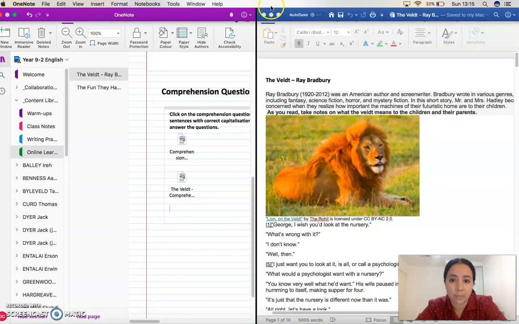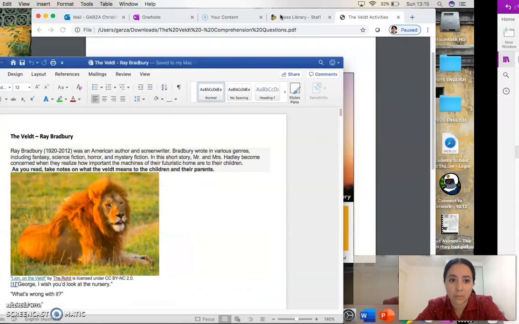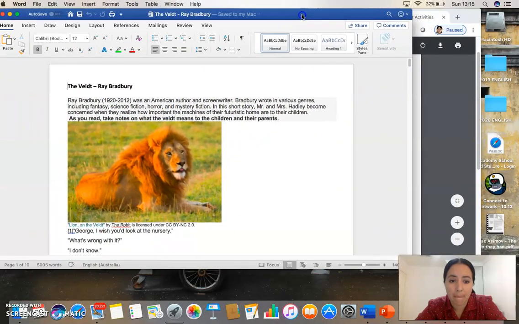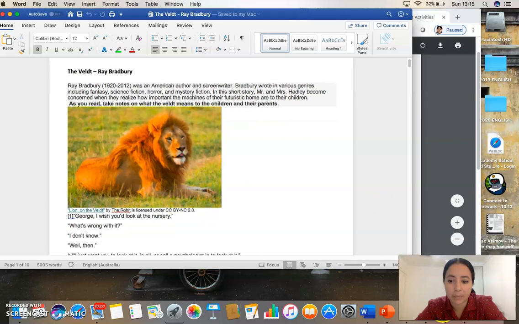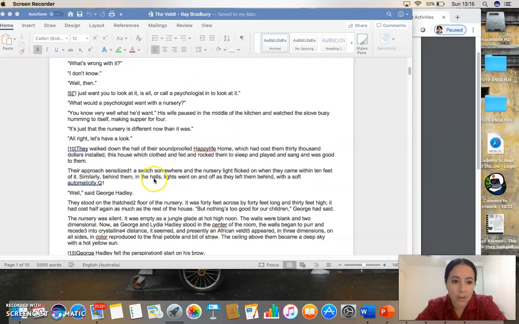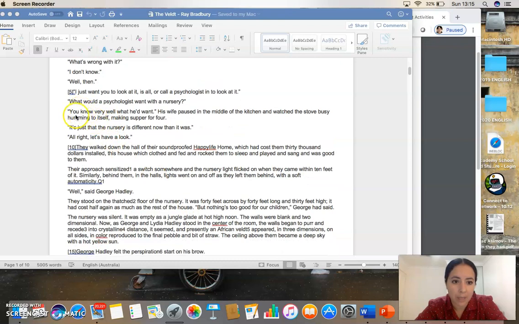So in paragraph 7, it says, "You know very well what he'd want." His wife paused in the middle of the kitchen and watched the stove, busy humming to itself, making supper for four.